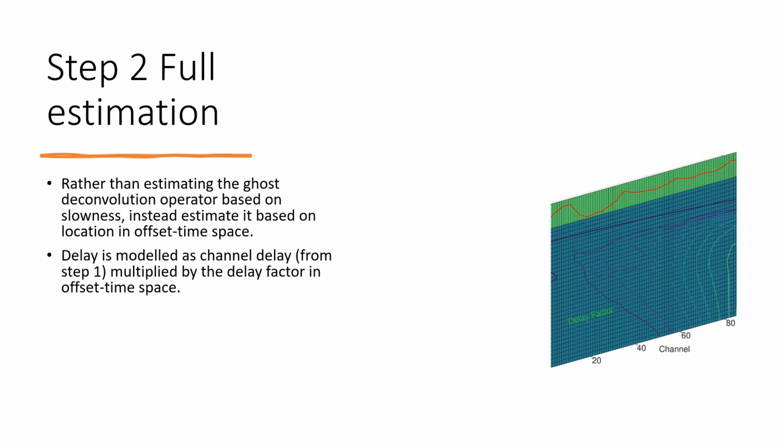So this is a single shot channels, and that's time. And the green section is the delay at the topmost part of the trace, and the delay factor modulates that delay time throughout the shot.